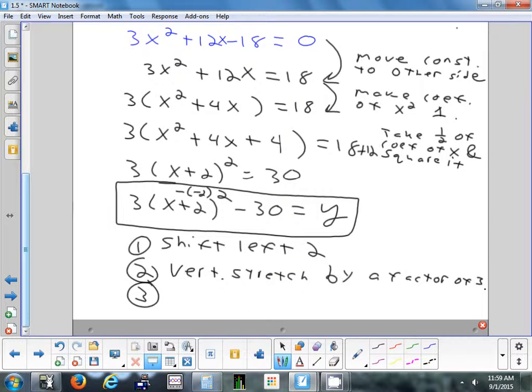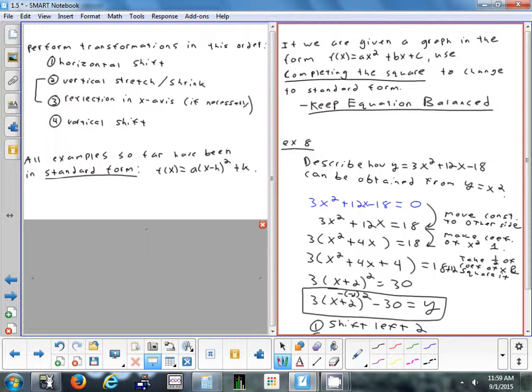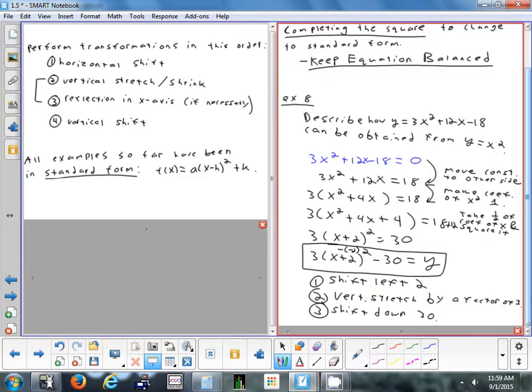And number 3, minus 30. Yep, it's going to shift down 30. So I can tell you where the vertex is going to be. -2, -30.